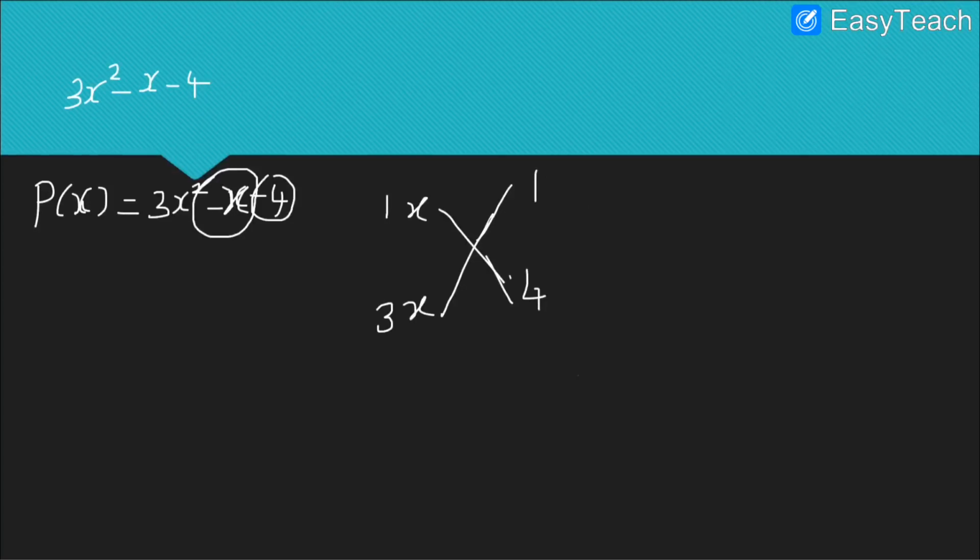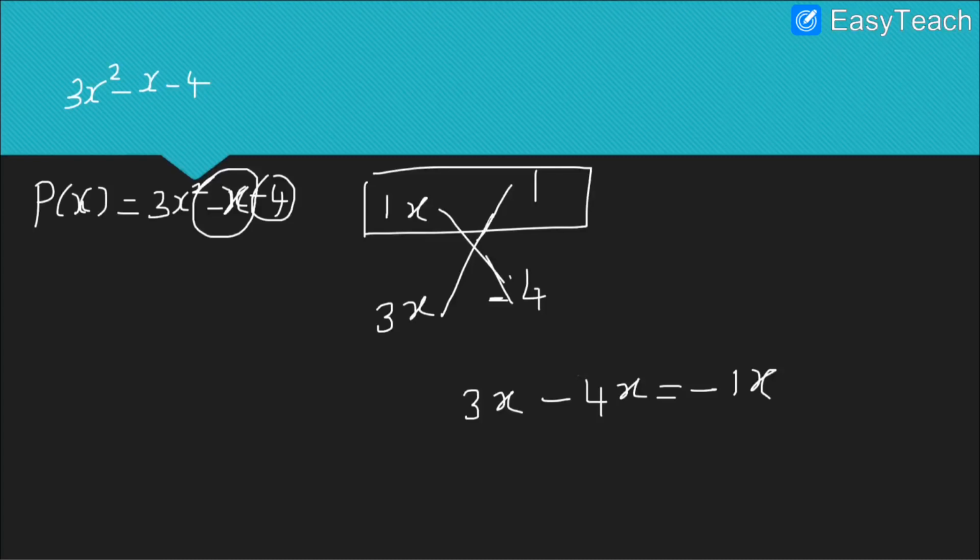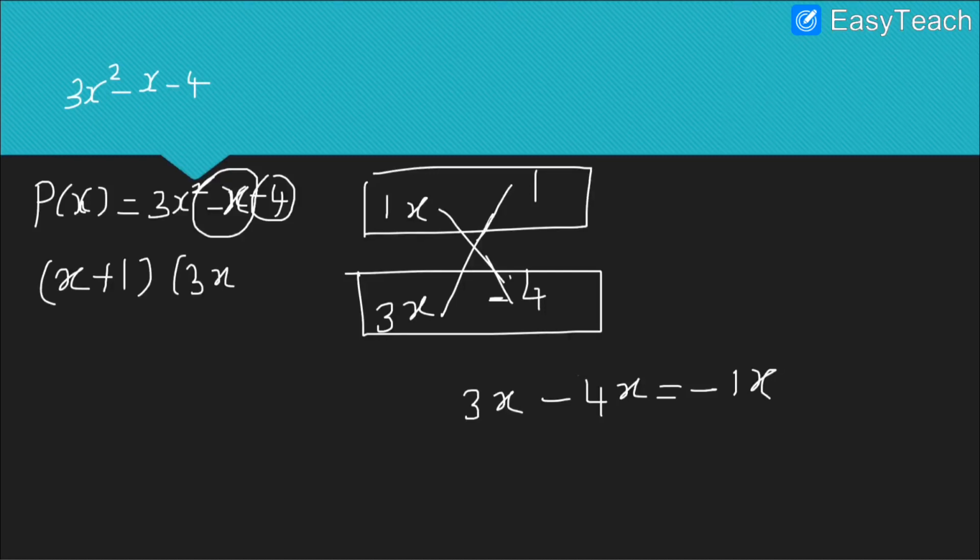So let me check with other numbers. 1 4s are 4. Now I take 3x minus 4x, which gives me minus 1x exactly. So I put the minus sign here before the 4. When you write the zeros, you have to write it this way: x plus 1 and 3x minus 4.